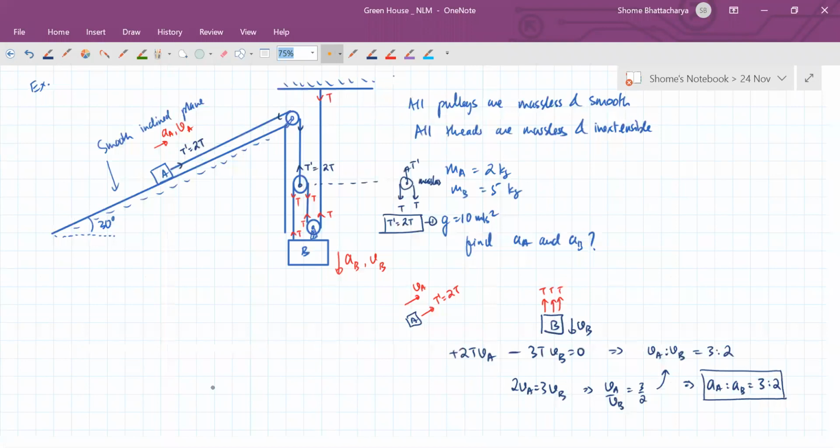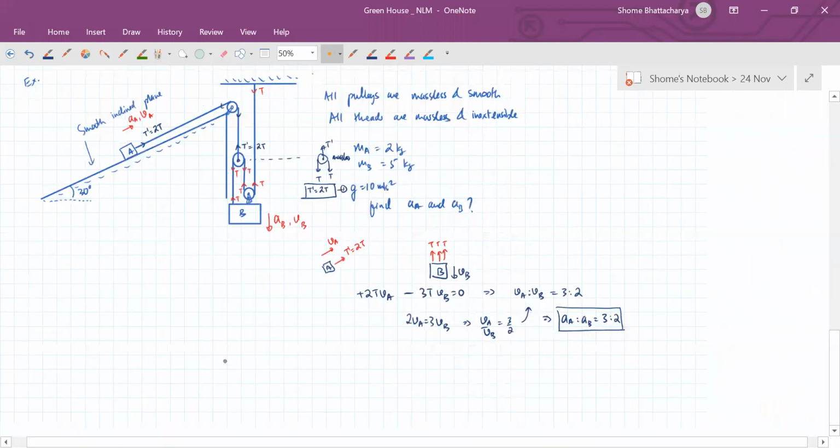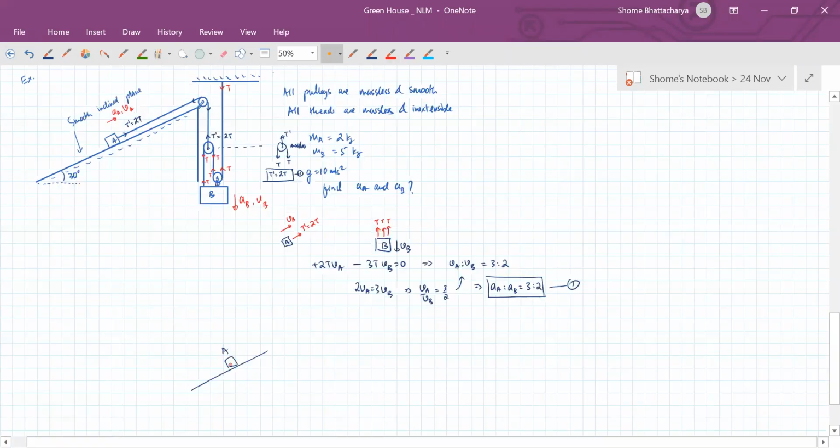Okay. Rest of all you can see is free body diagram. So for the block A, you have 2g cos 30 like this, 2g sin 30, because mass of A is given to us as 2 kgs.